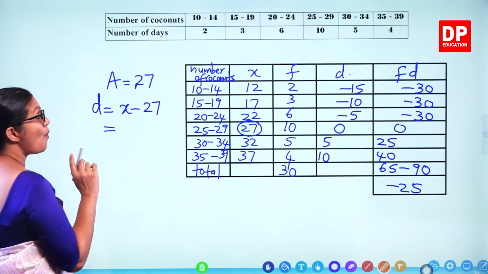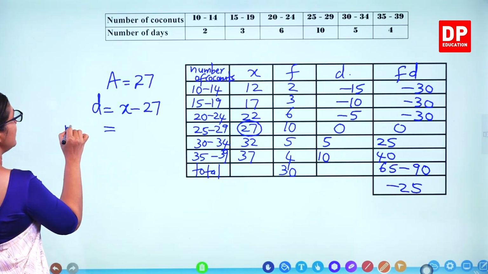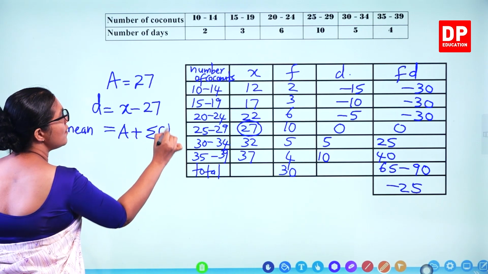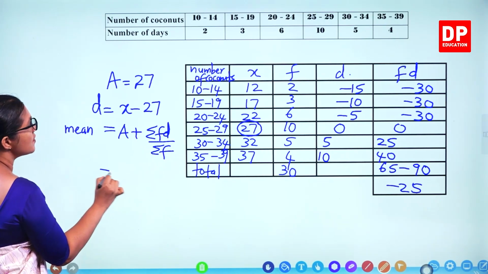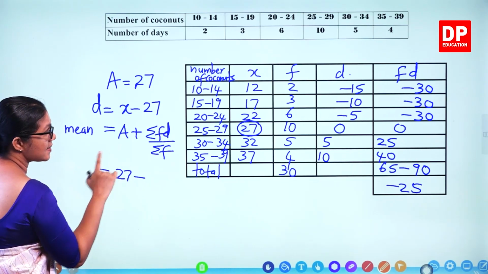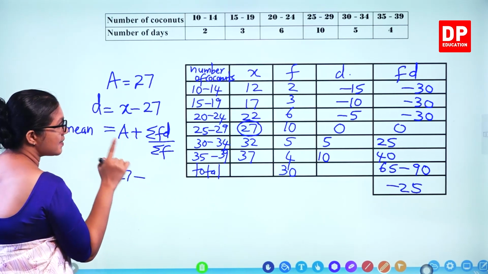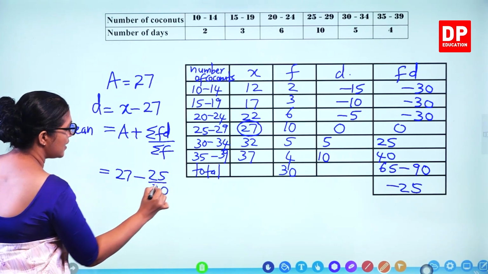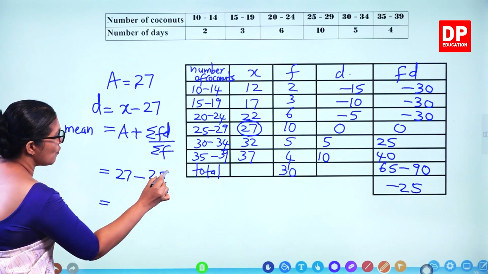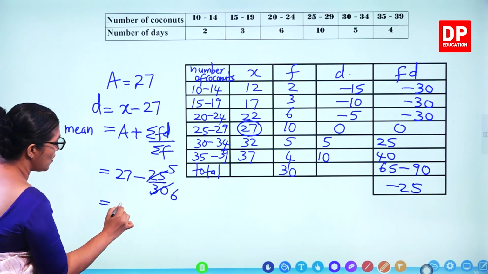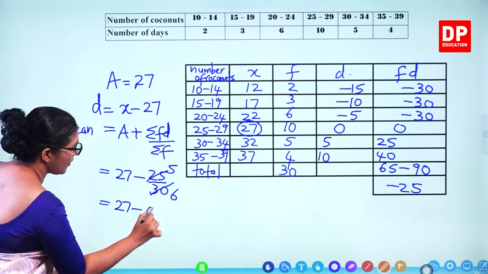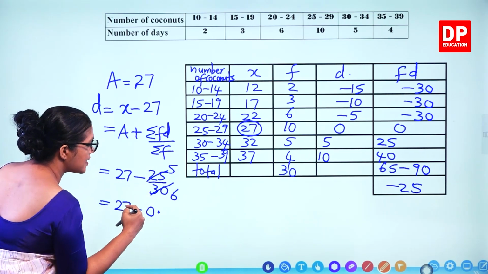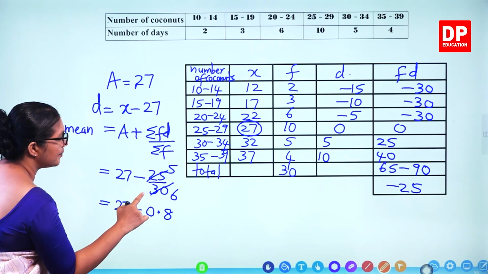Now we can find the mean: assumed mean plus sigma fd over sigma f. The assumed mean is 27 plus the total sigma fd, which is negative 25, over 30. So 5 times 5, 5 times 6. So 27 minus 0. 50 divided by 6, 8.